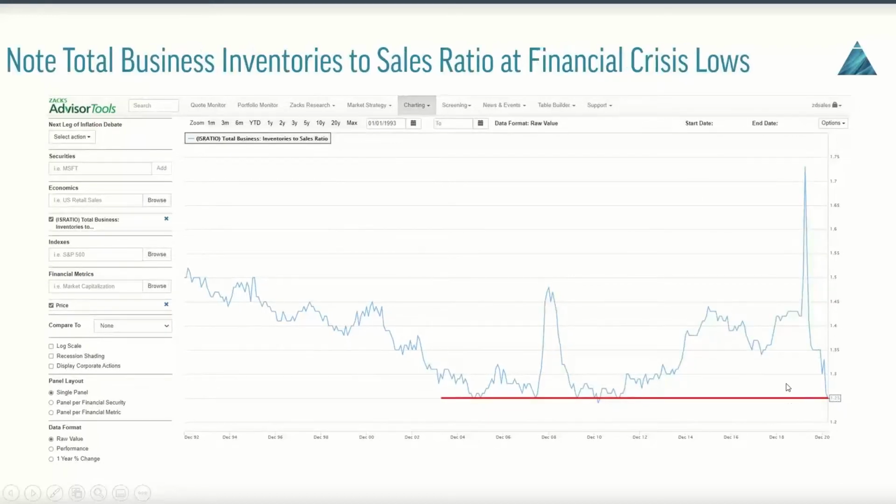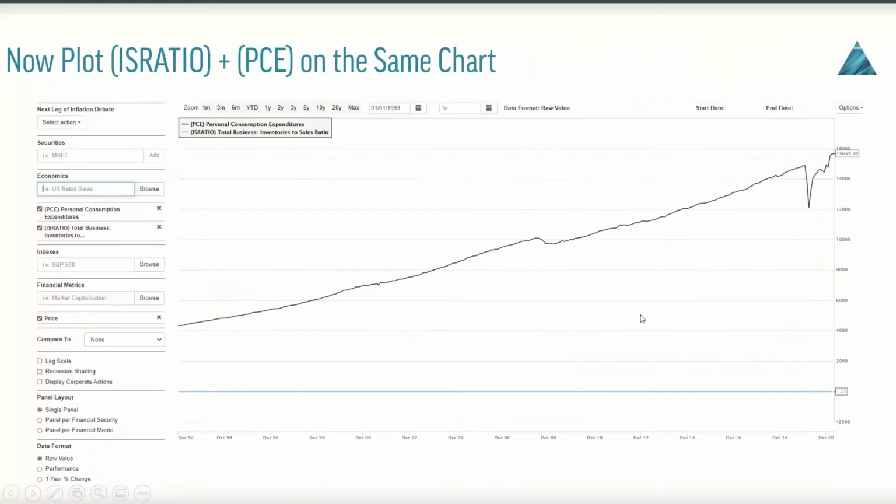And you can see, again, I love to draw trend lines on my chart to illustrate these points, that we're literally getting back to the lows that we were at back in '05 and during and coming out of the financial crisis. And again, a lot of this can be supply side, a lot of it can be demand side. And the interesting thing is, in our case right now, it's a combination of both.